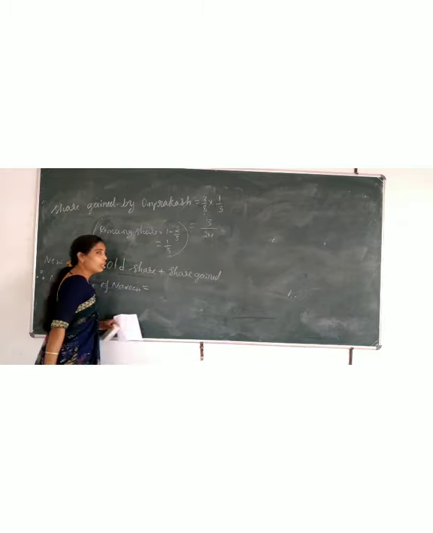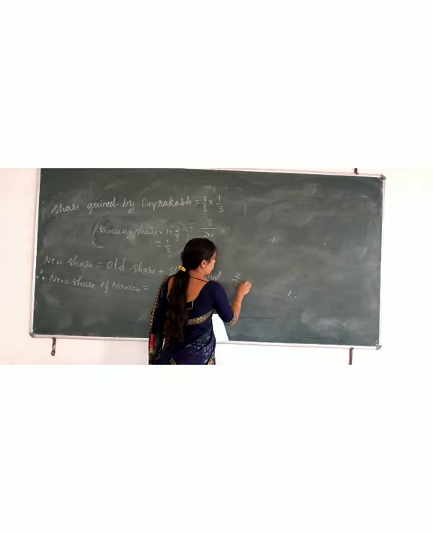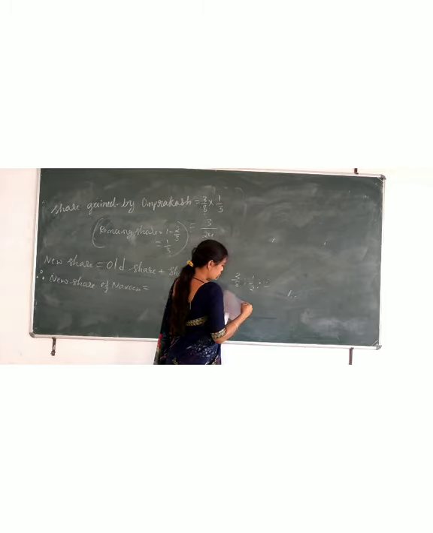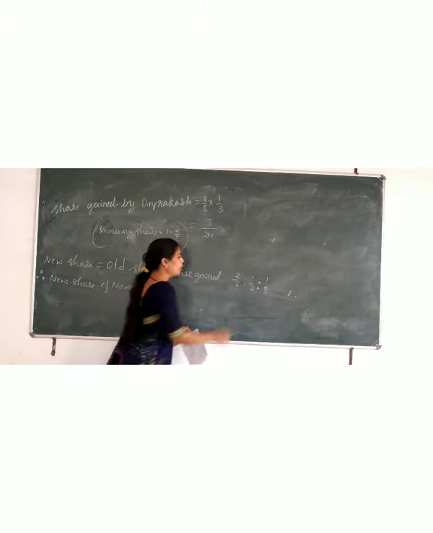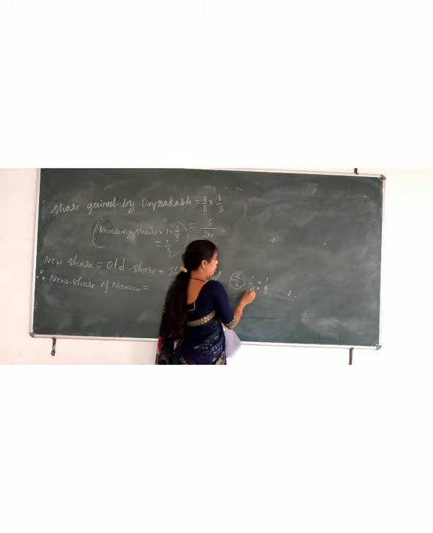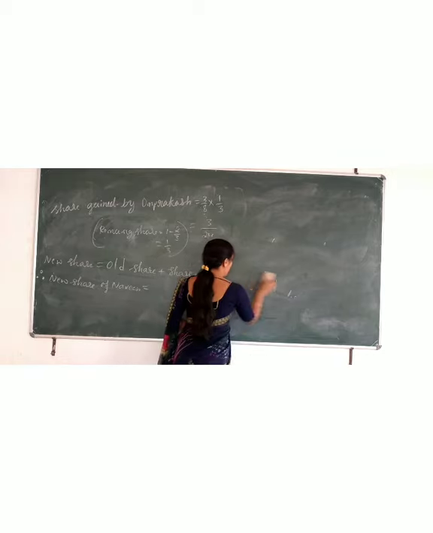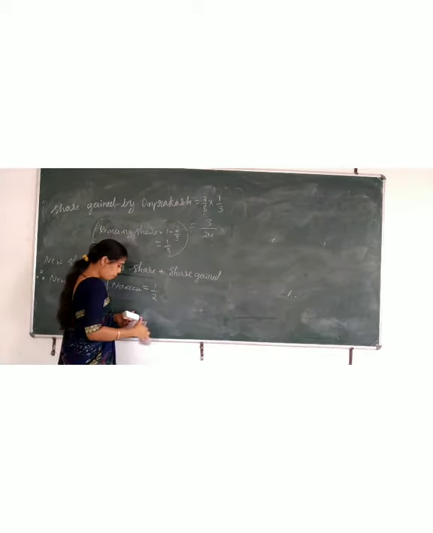How much do we have? The old profit sharing ratio was 3/8 is to 1/2 is to 1/8. This is the share of Murali. Now Naveen's share is 1/2. 1/8 is the share of Om Prakash. So the old share of Naveen is 1/2.